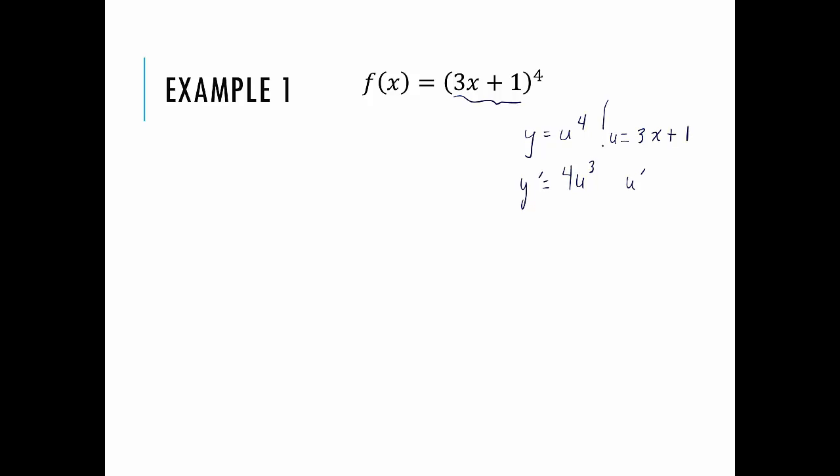The derivative of this one, let's put a line in between there, of 3x is just 3. So my derivative of f of x would be 4u cubed times 3, which of course would be 12u cubed.